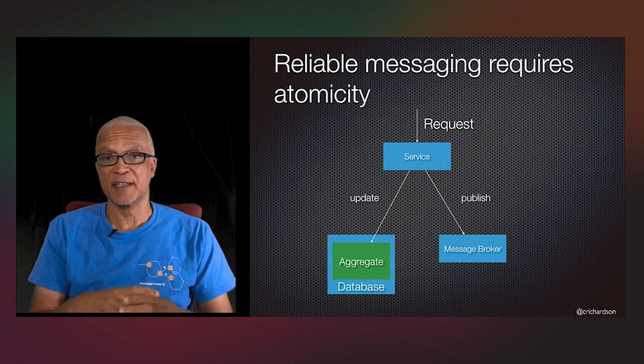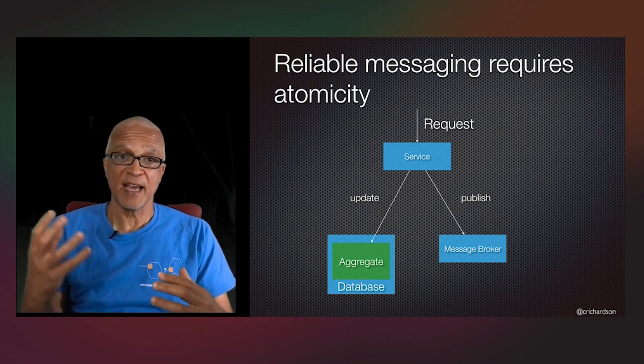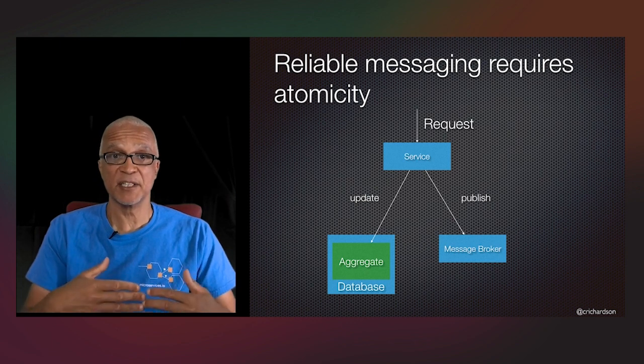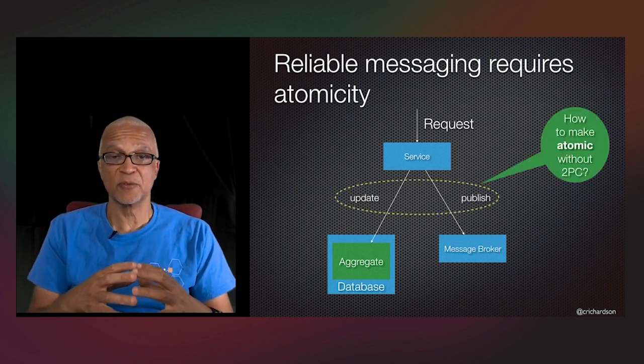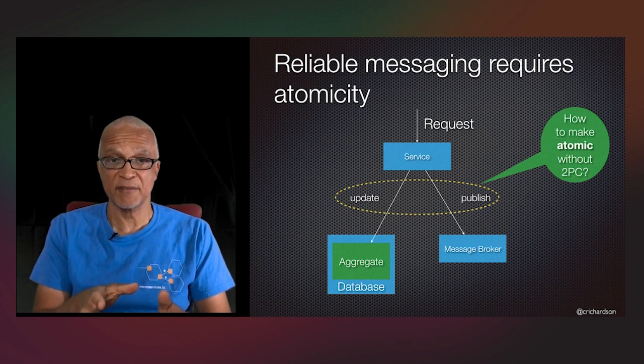As I mentioned earlier, an aggregate emits events in response to a command. In other words, the service handles a request by updating a business object and publishing an event. In order for requests to be handled reliably, the service must atomically update the database and publish an event.